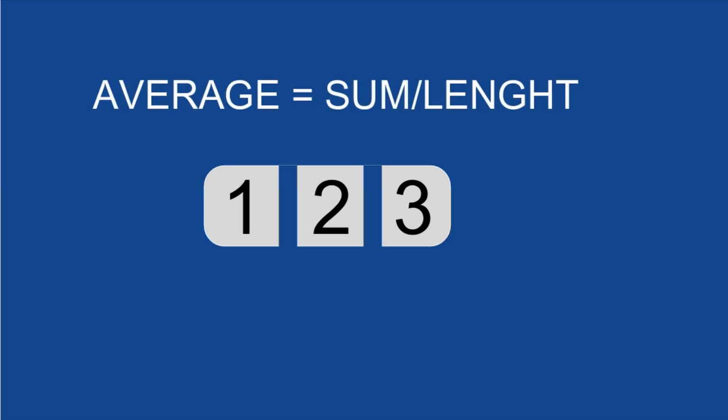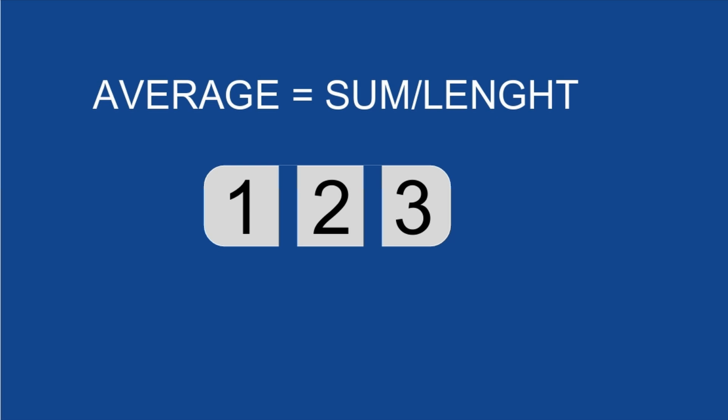Alright, let's move now to the second problem, which is finding the average of the list. So we have a list of 1, 2, 3 elements, for example, and we want to find the average. So the average obviously is 2, and there is a beautiful formula for finding average, which is counting the sum of the list and dividing it by the length of the list.